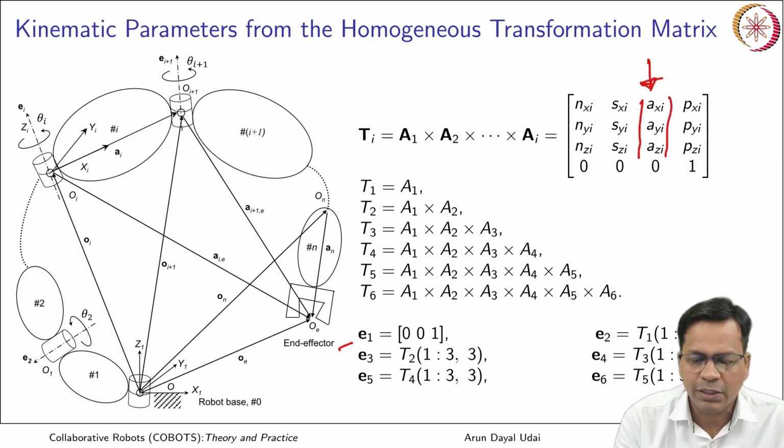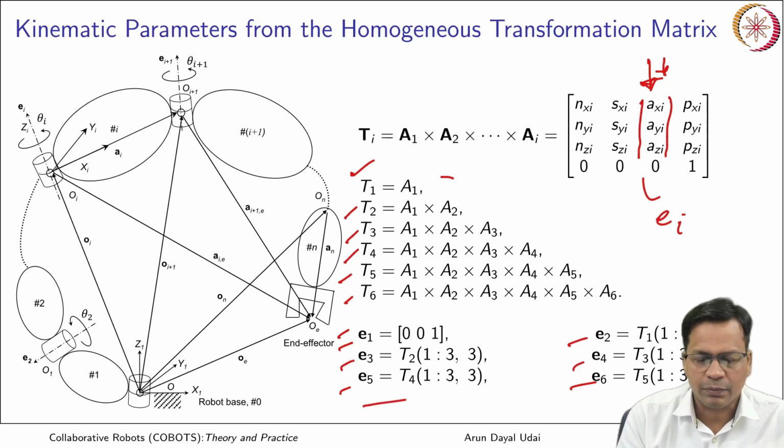So this essentially is nothing but the axis vector. So that can be extracted from all of this. If it is for the first axis, you have to use this. For the second axis vector, third, fourth, fifth and sixth axis vector, for all the consecutive Ti, this third column, first 3 rows will give you the axis vectors.